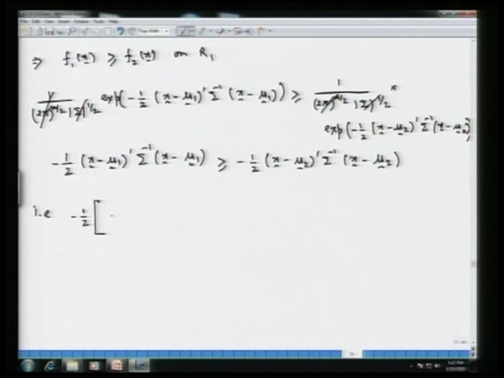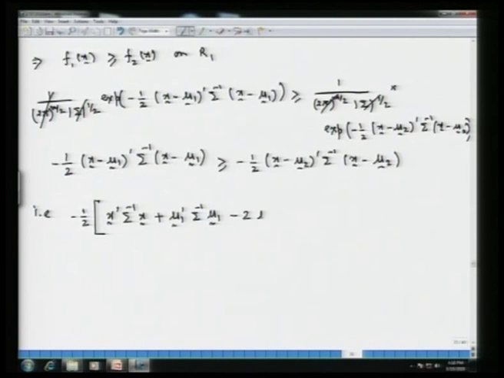So, what are the terms that we get here? We get the terms x transpose sigma inverse x, and then another positive term which is mu1 prime sigma inverse mu1, and then the cross product term, that is minus 2 mu1 prime sigma inverse x, or minus 2 x transpose sigma inverse mu1.